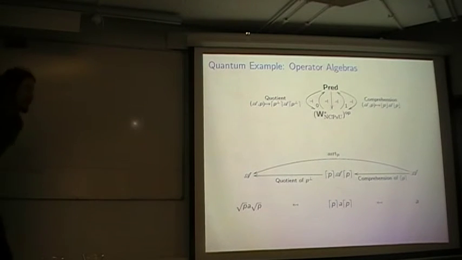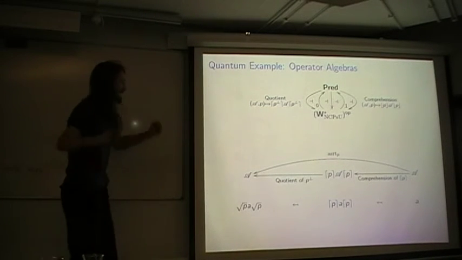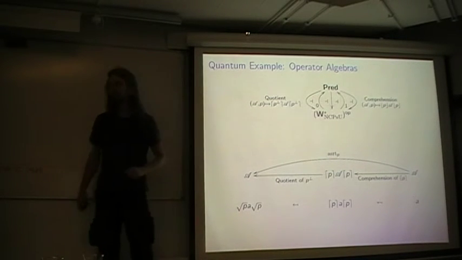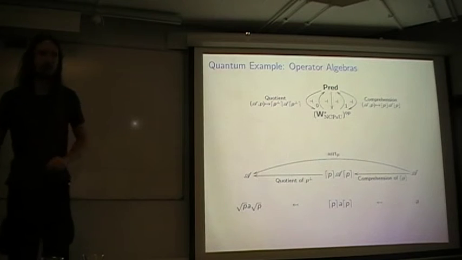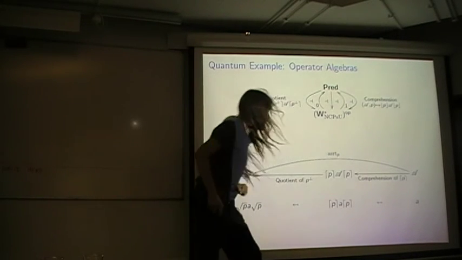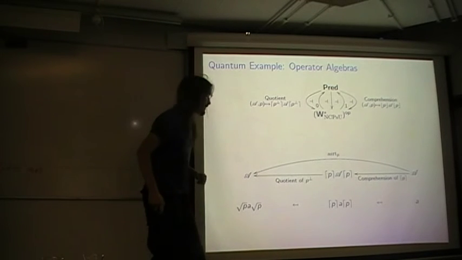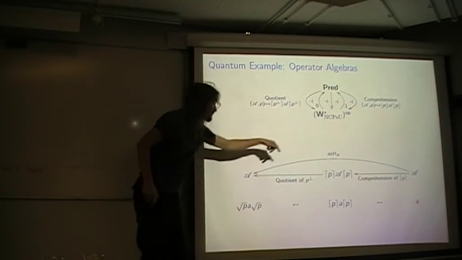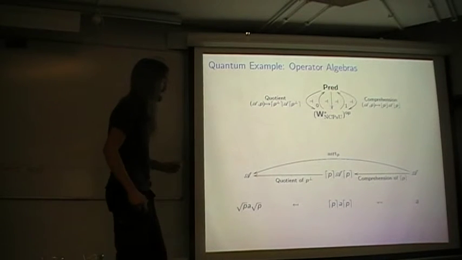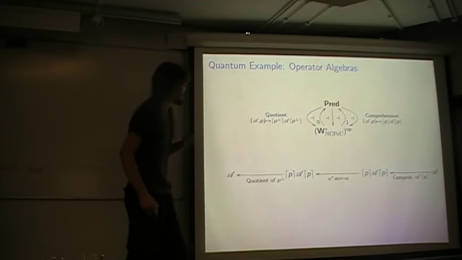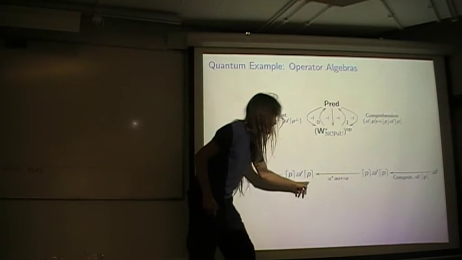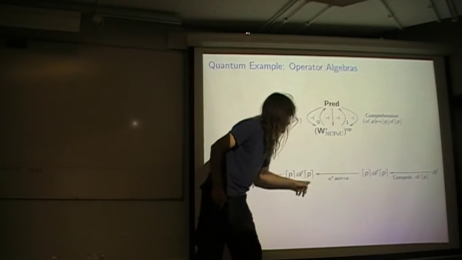So one is tempted to say we have a universal property for square root P, A, square root P. But this is not quite right, because we have a universal property for comprehension, and we have a universal property for quotient, but this thing is the composition of those two. In fact, we can plug in between quotient and comprehension a unitary, like this isomorphism.